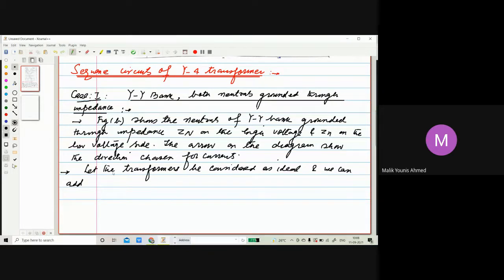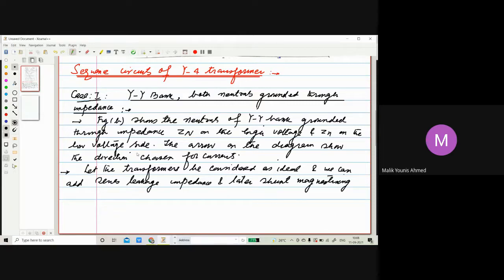We can add series leakage impedance. Then we'll make an equivalent circuit referred to primary or secondary. We can do that. And later, shunt magnetizing current. If you want it, you can add it.